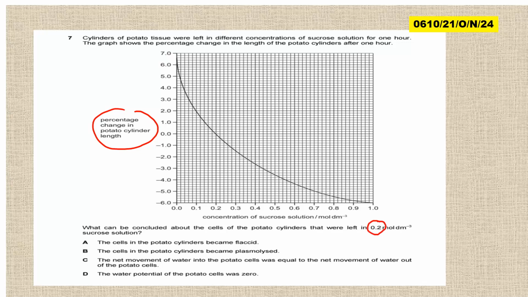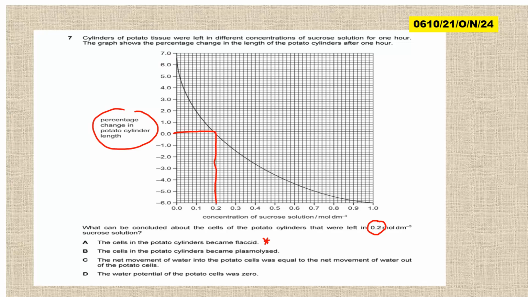So when you look at 0.2, if we follow it up and pick it from here, you see that there was no change. It is at 0. So what is the answer here? The cell in the potato cylinder became flaccid? No, it did not become flaccid because there was no change.